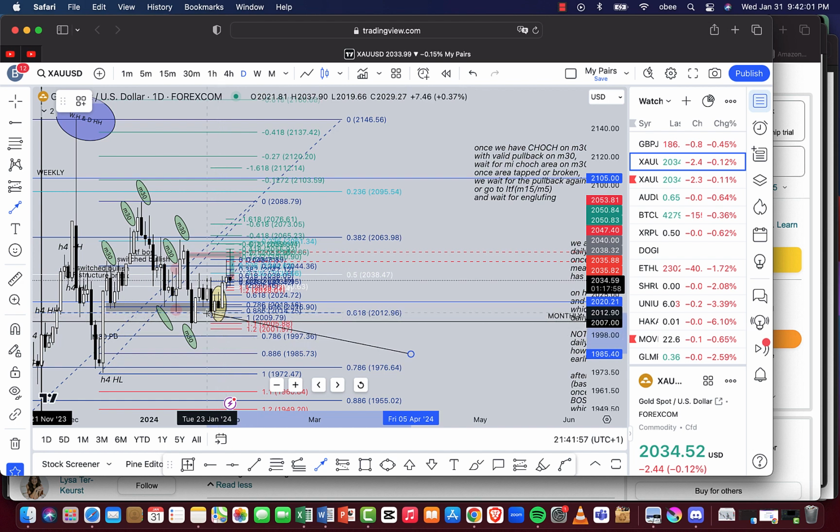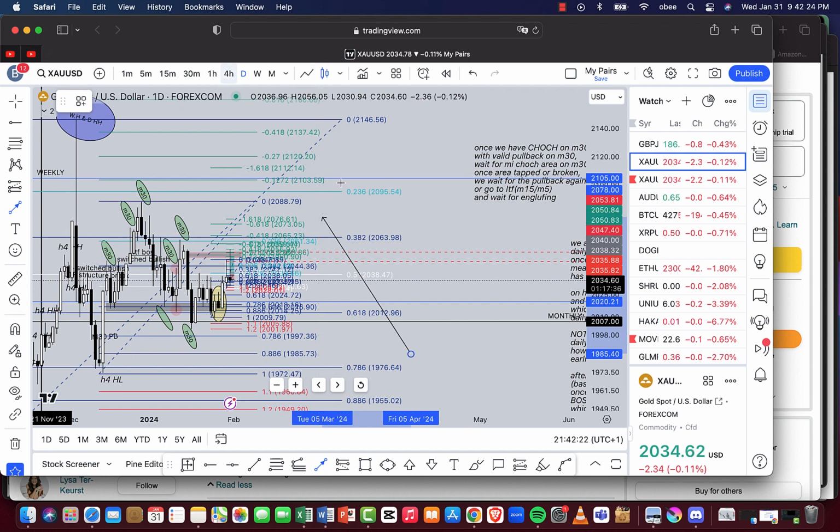But this is 61.8, so I would consider that area. I would not try to take the trade too far, because again, we are in a bullish market overall. On H4, it is overall bullish, even though we have currently a bearish trend going on.